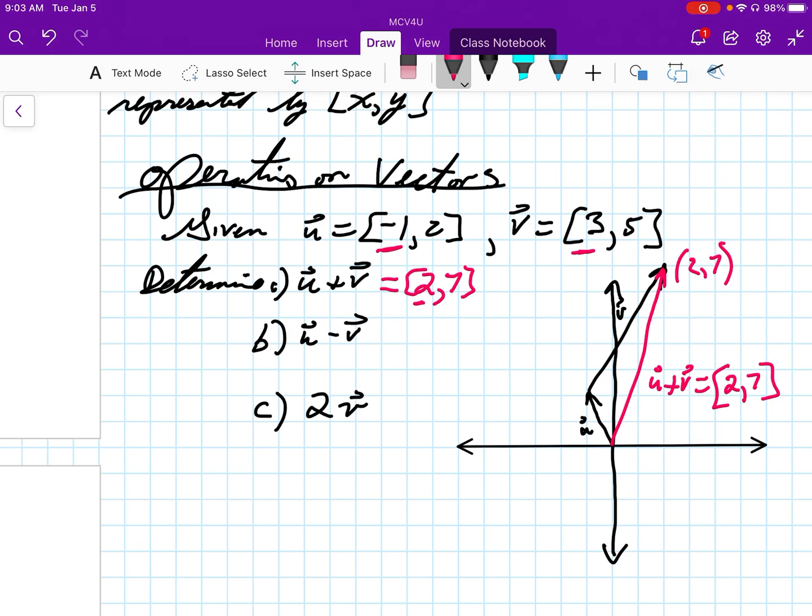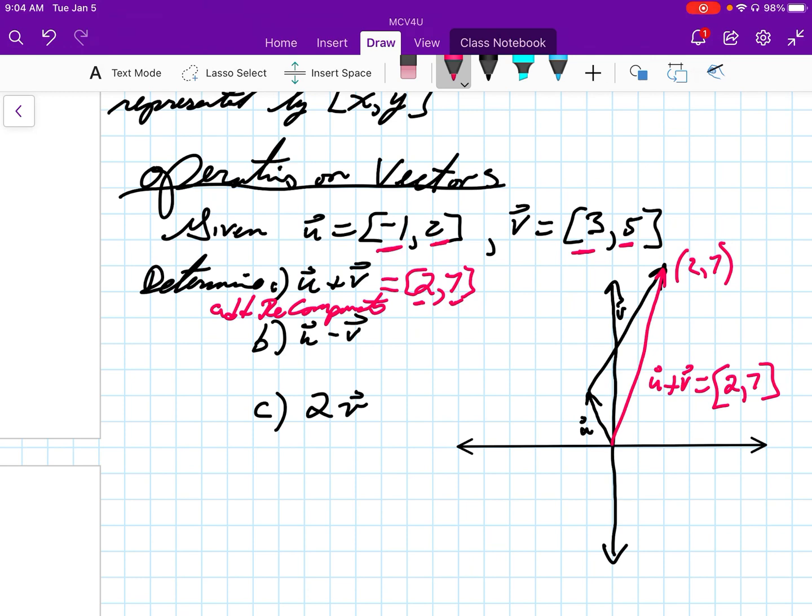When you take a look at the y components, what do you do with the 2 and the 5 to get 7? Again, add. So adding just means you add the corresponding components together. You add the two x's together, you add the two y's together.